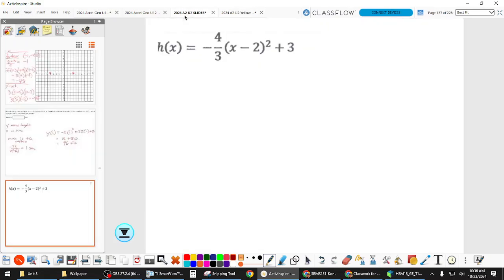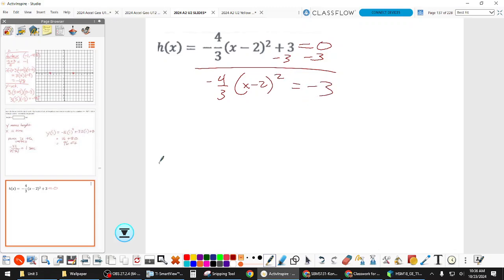So with that said, we're going to set this equal to 0, and then we want to get this by itself. So get the squared thing by itself. So we need to subtract 3. Now what? How do you get rid of the next thing? Okay, we could divide by 4/3. We could multiply by negative 3/4.